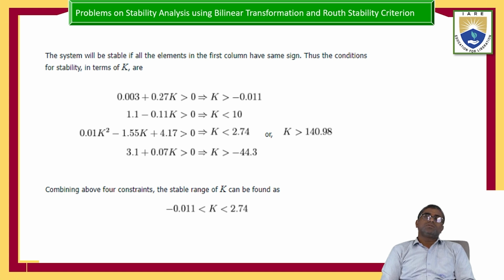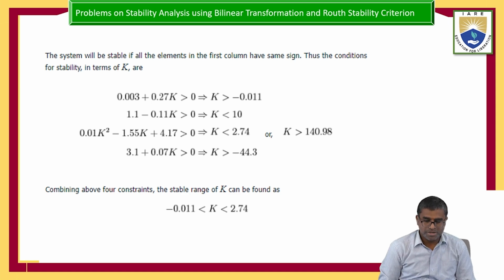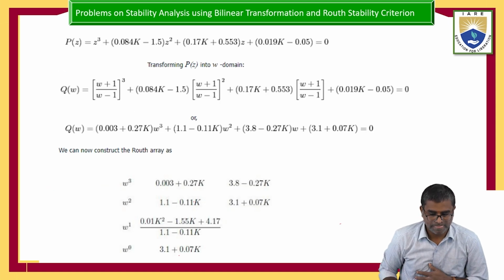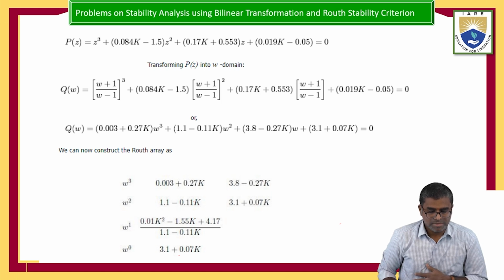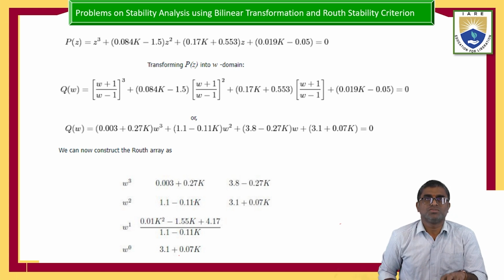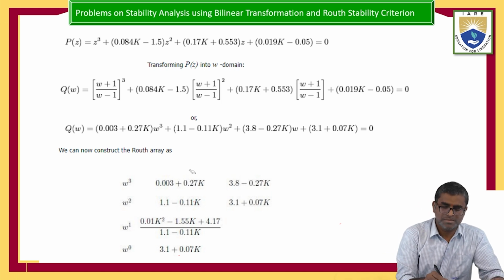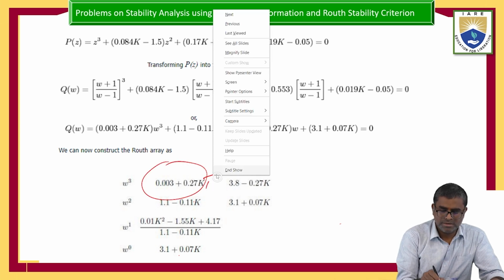So the condition for the stability in terms of K is 0.03 plus 0.07 greater than 0. That is 0.03 minus 0.027. It is the first column now. It should be greater than 0.